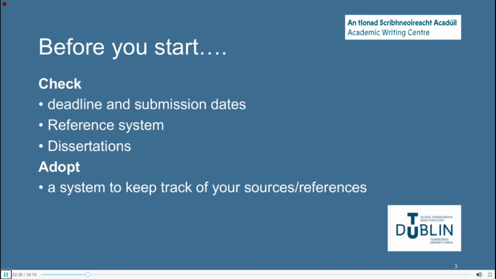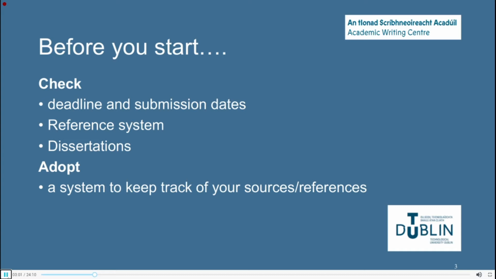Also find out what referencing system is used for your school, for your discipline. Is it APA, Harvard, Chicago? Familiarize yourself with this referencing system before you start writing the literature review, so you will save a lot of time at the end in the editing stage.